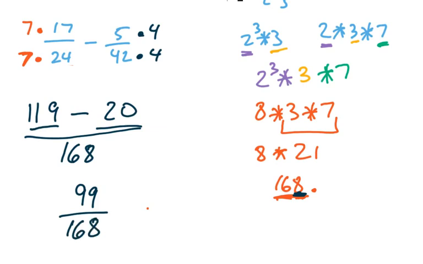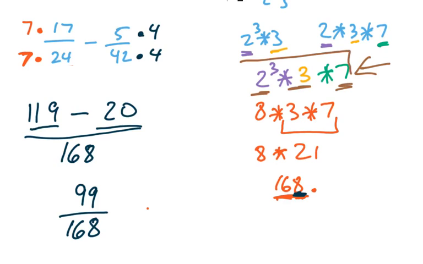Now, something that's pretty cool about this is if you're looking at 99 and 168, you're like, can I clean this up? Can I simplify? Can I reduce? And the answer is you can. And one thing that's helpful in noticing that is if you look here, you see 2 cubed times 3 times 7.